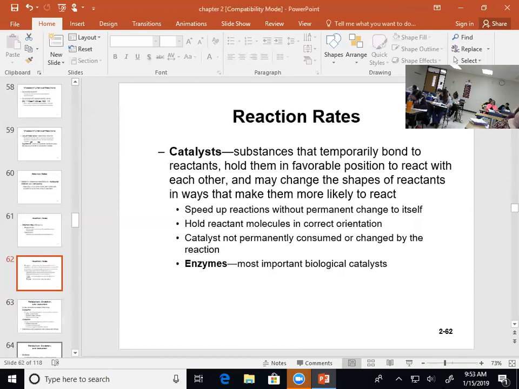So catalysts speed up reactions so that our cells can do things in just the right amount of time that you need them done. Without the catalyst, the cells are slowing down tremendously.